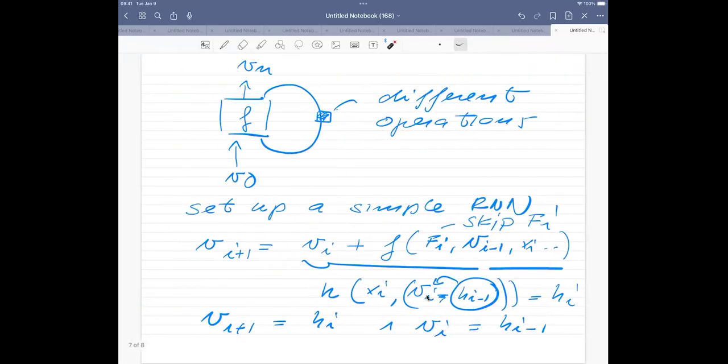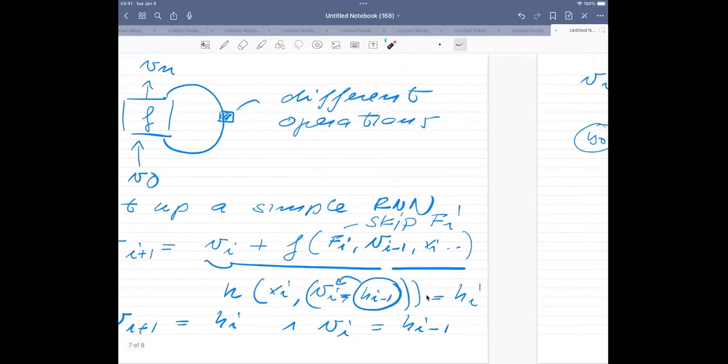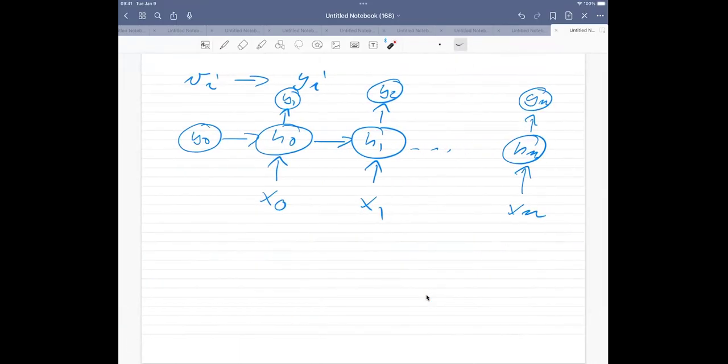But the whole philosophy which you see in this example is the basic philosophy which is used in a recurrent neural network. However, everything which we do here, this h0 connected with h1, is going to have parameters which we need to optimize. These are going to be the weights and the biases.